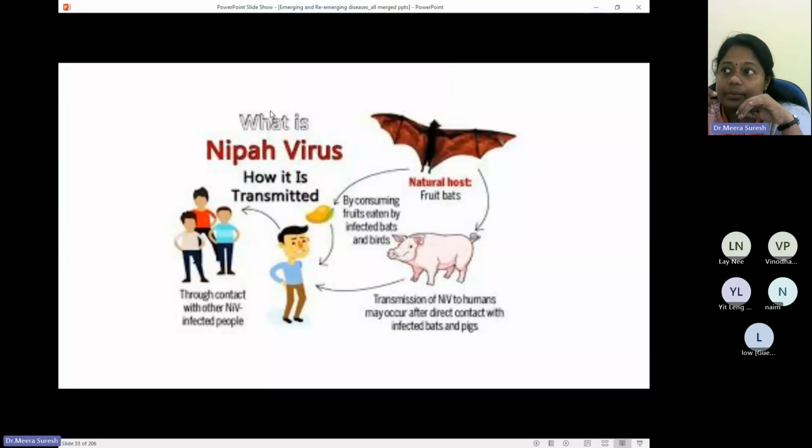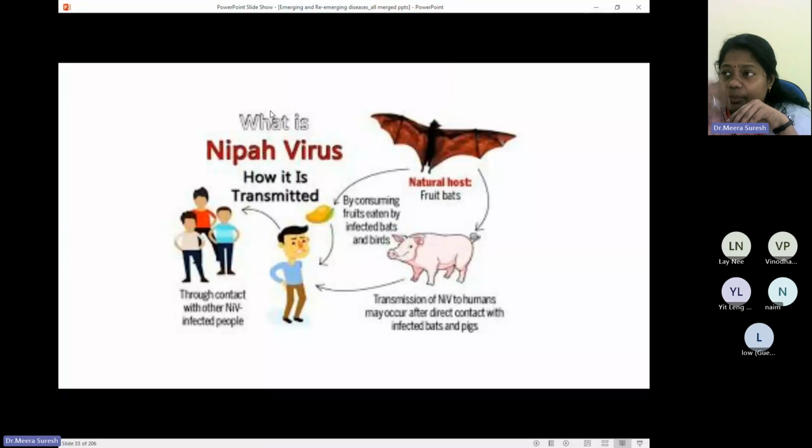It didn't get transmitted to a bigger area like the coronavirus infection. That much didn't happen. That was why we were at least able to reduce the severity or more and more cases appearing. So the first person, this boy who ate that fruit, had some symptoms.